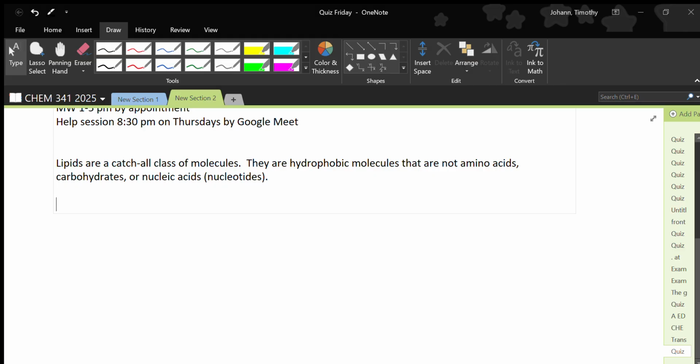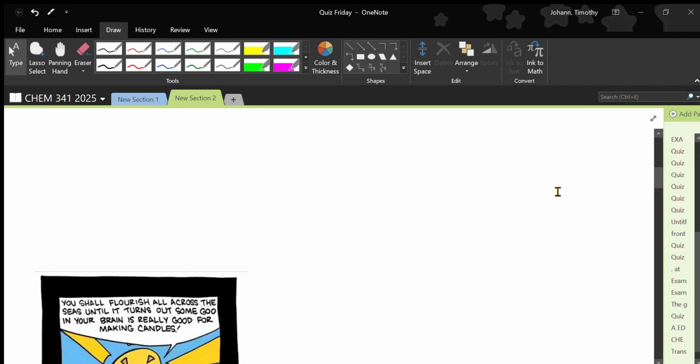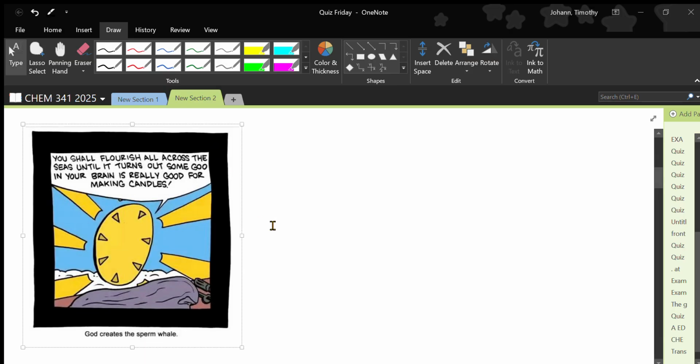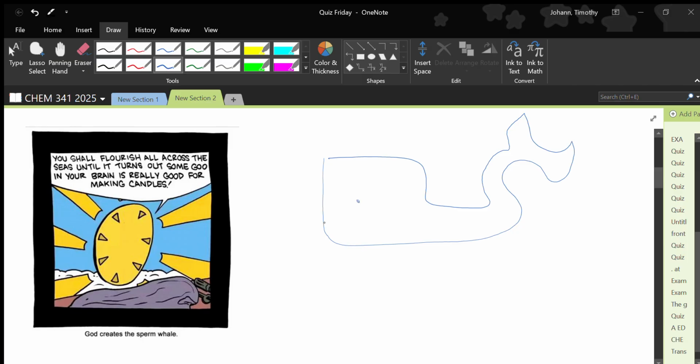All right, so then I want to give an example of where lipids are important that you may not have thought about. My example is going to be sperm whales. Here's a comic that I had seen a number of years ago. So the deal with sperm whales, here's my sperm whale. Okay, actually the eye's down here, isn't it?